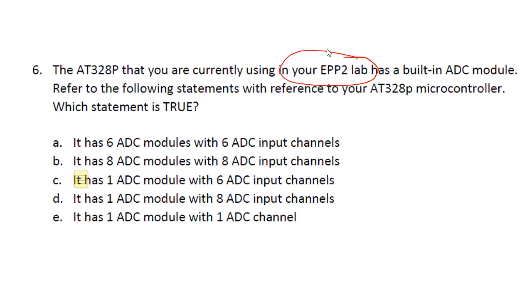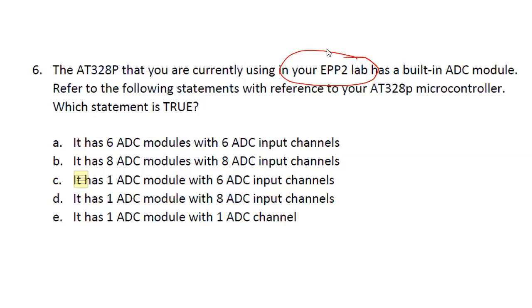Whereas there is another package, which I showed in the ADC lecture slides or the tutorial slides, one of them. That package, which we call the quad flat package, or TQFP or QFP, has more pins available, and in that you have 8 ADC channels.